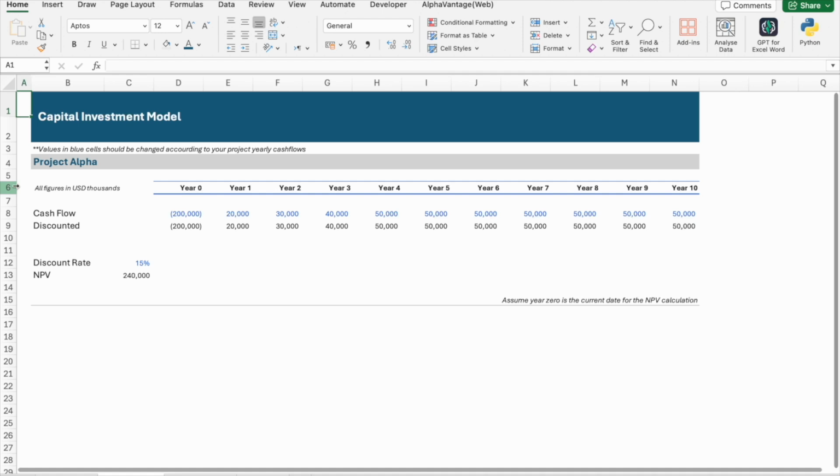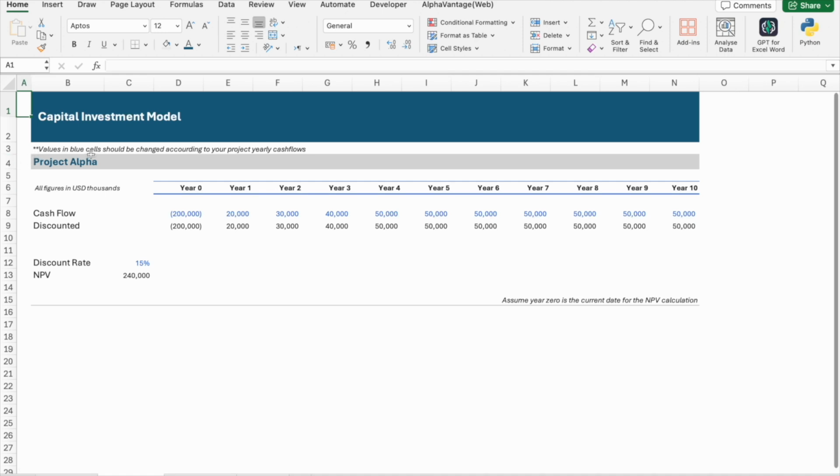So the question is, how do we choose the right model? Shall we choose the payback period, net present value, or internal rate of return, or profitability index? The answer is quite simple. Different models suit different needs.